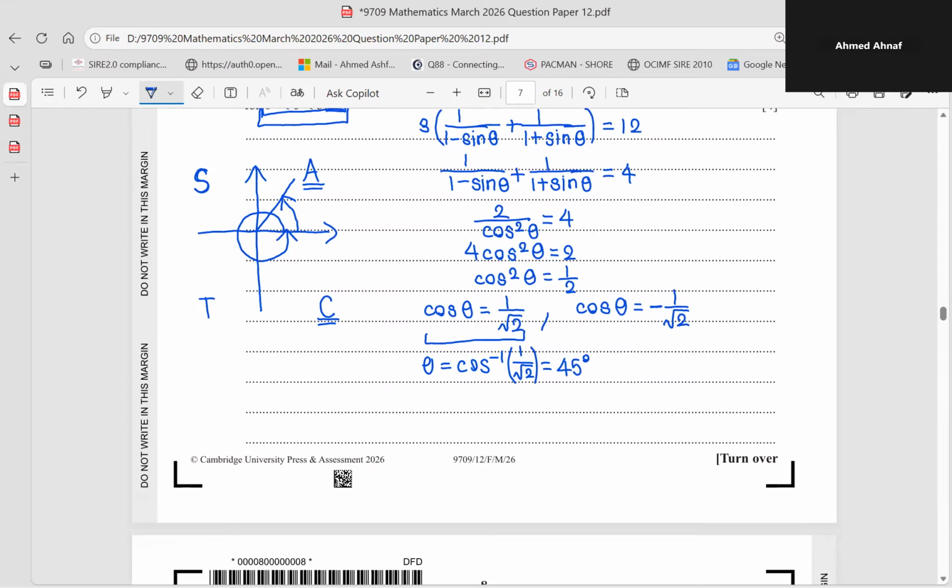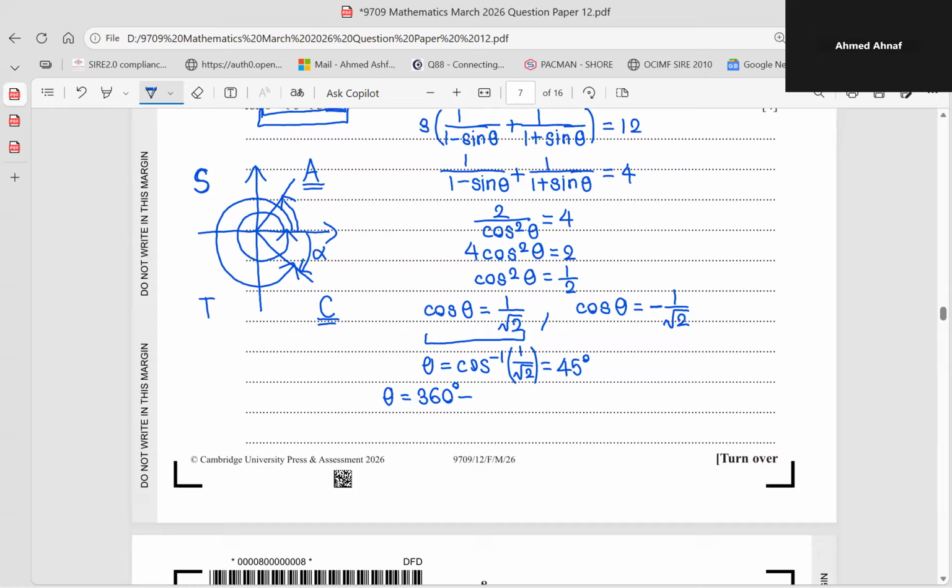Now let's find the angle in the fourth quadrant, since cosine is positive for these two quadrants. For the fourth quadrant, theta is going to look like this. It's a reflex angle more than 270 degrees and less than 360 degrees. To find that, you take 360 degrees minus the basic angle, which we'll call alpha.